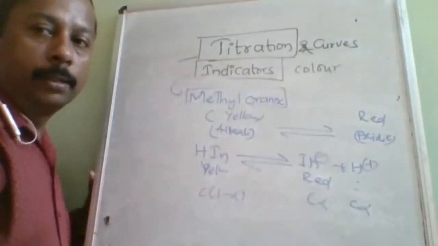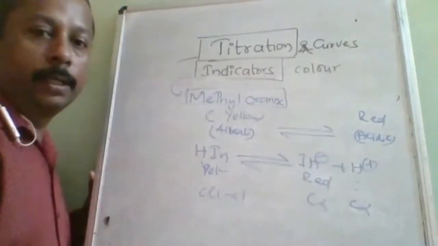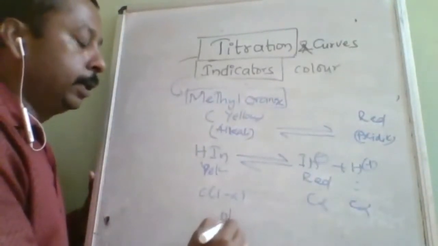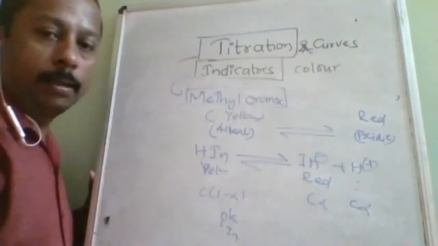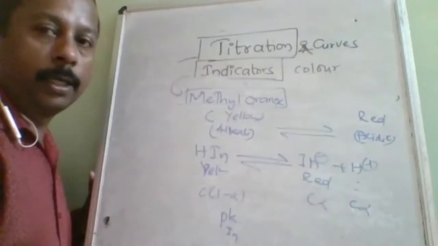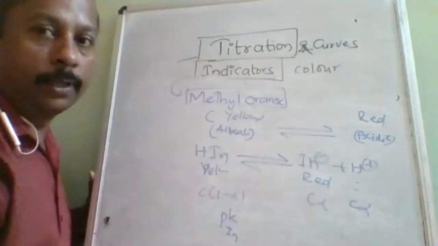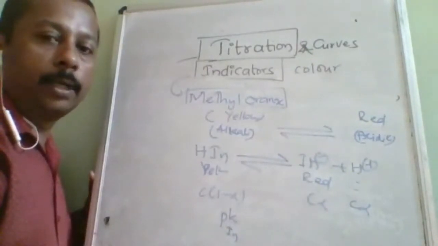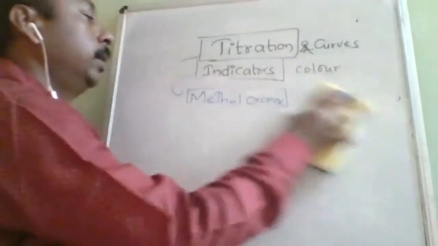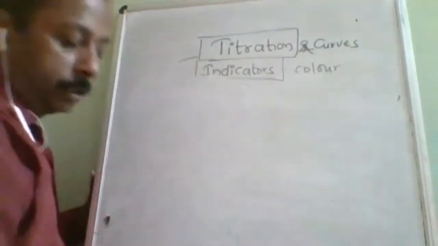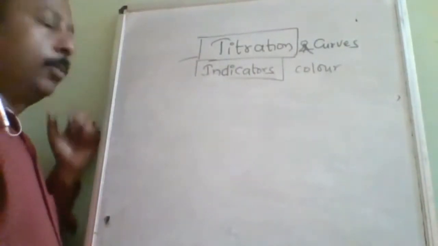When you apply negative log to it, you will get the pH of the indicator, called pKIn. The pH at which it can work is called pKIn. The pH from neutral at the equivalence point is called the indicator equivalence point. So that is about the indicator and that is about the titration.